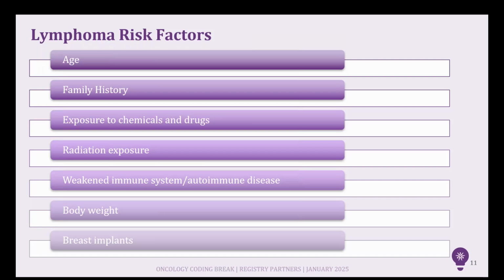Previous exposure to radiation therapy or high levels of radiation, conditions like HIV, AIDS, autoimmune diseases, or even taking immunosuppressive drugs can increase your risk. Being overweight or obese may increase the risk of non-Hodgkin's lymphoma. And women with textured breast implants have a slightly increased risk of developing lymphoma. So it's important to note, though, that while these factors can raise the likelihood of lymphoma, many people with these risk factors won't develop the disease.